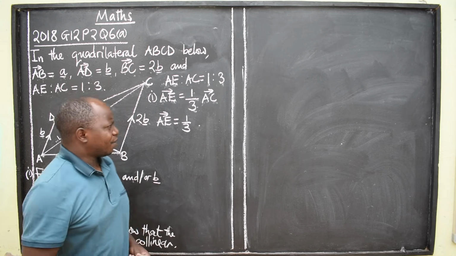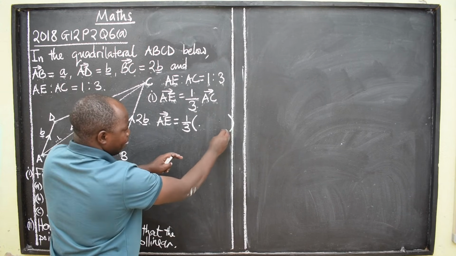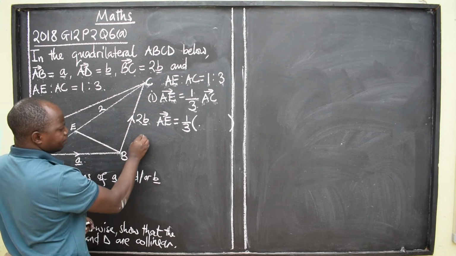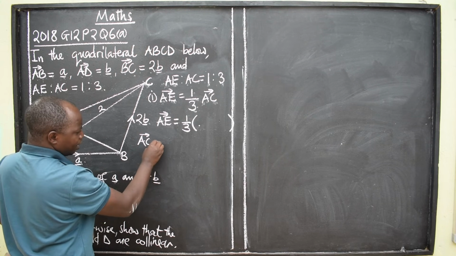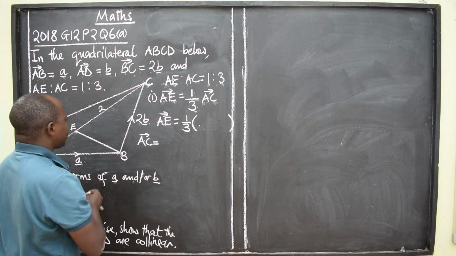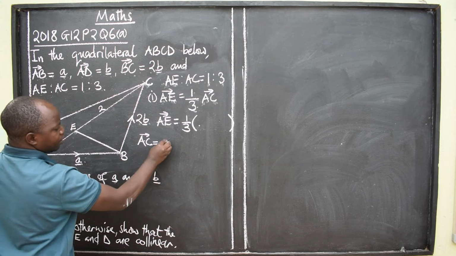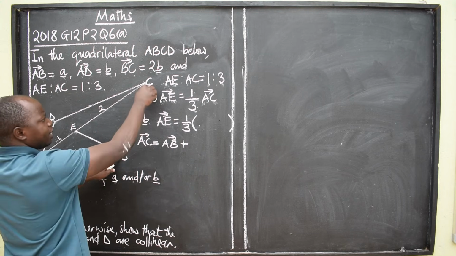Okay? Right, so we are going to leave this here, and then we need to find AC. So we're going to say AC will be equal to AB plus BC.